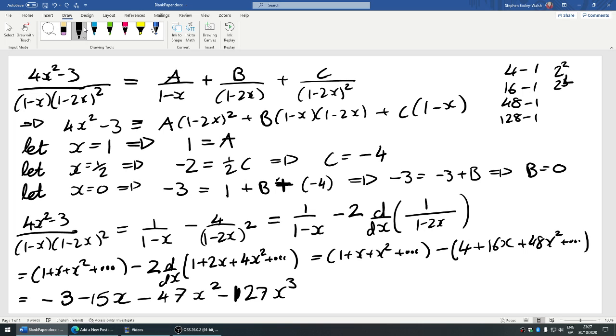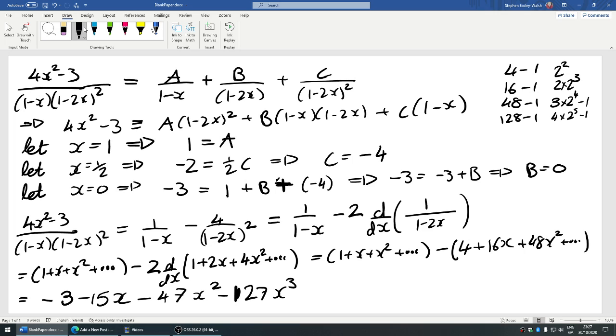Yes, 2 times 2 cubed, sorry. 2 times 2 cubed. This would have been 3 times 2 power 4, 48 minus 1. The next one then is 4 times 2 power 5 minus 1. 2, 4, 8, 16, 32. Yeah, that's it.